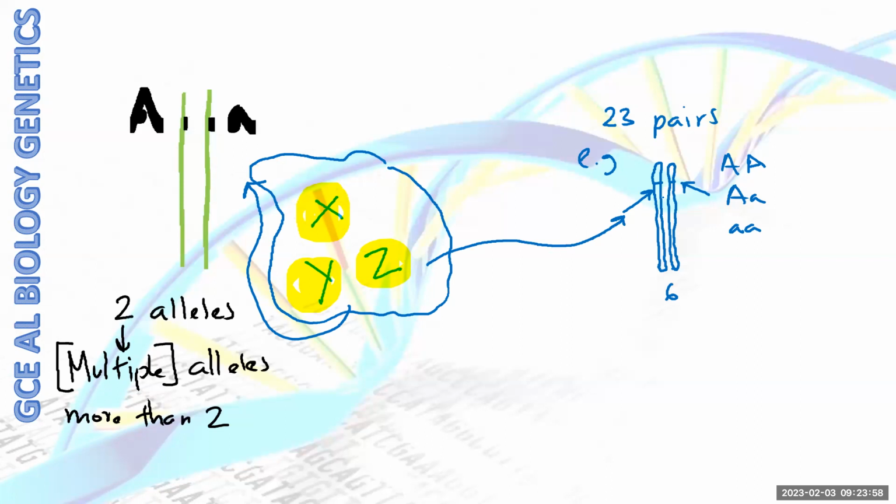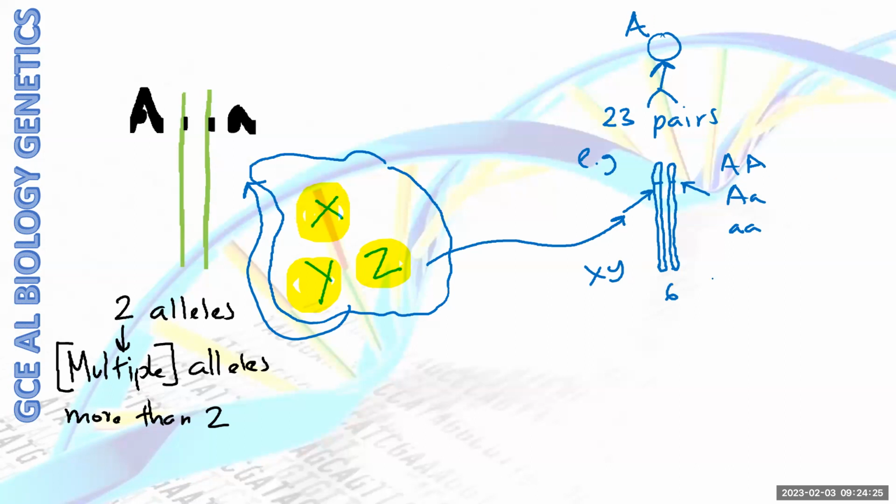We allow only 2. Let's say this person, his name is capital A. This person can take only 2 alleles, so he can take X or Y.